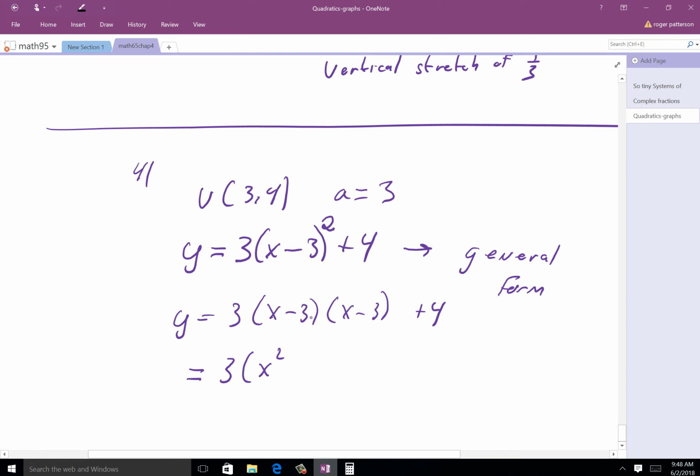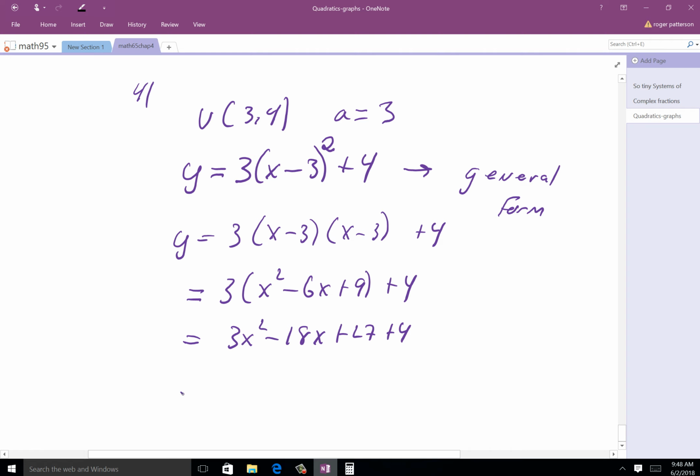Okay, 3, 3. Distribute. Plus 27. Add the 4 on at the end. So that's just a fancy way of saying convert it to general form. That's what they did. They could have said that, but they didn't. They made 3 lines into that.